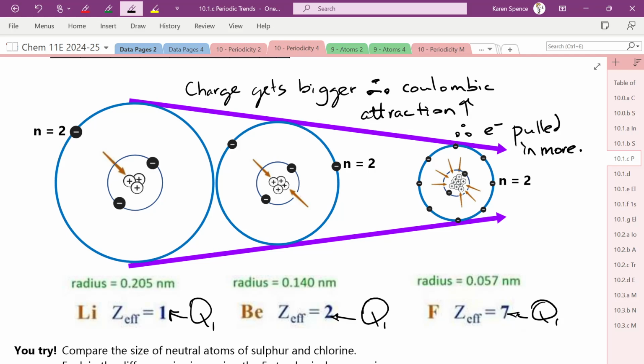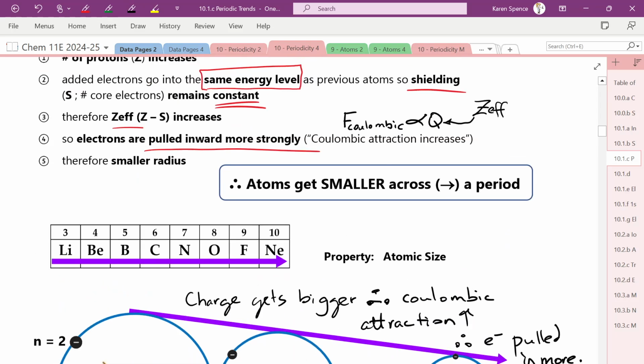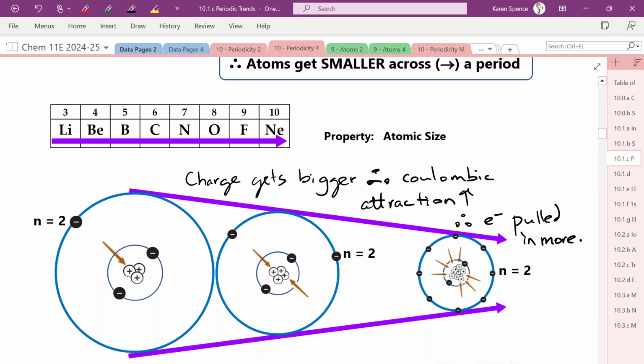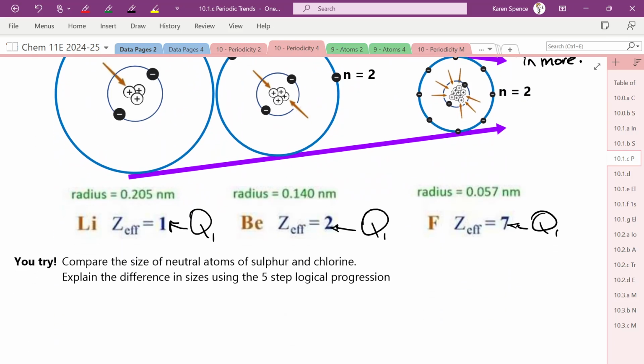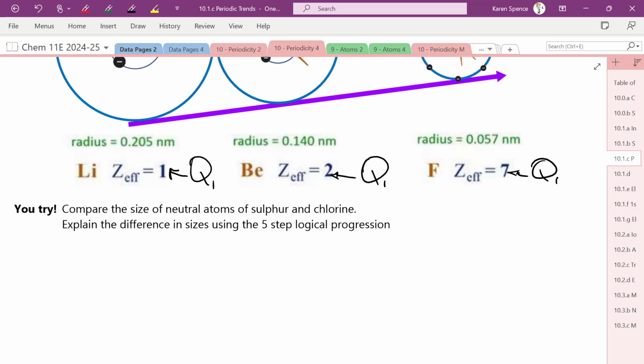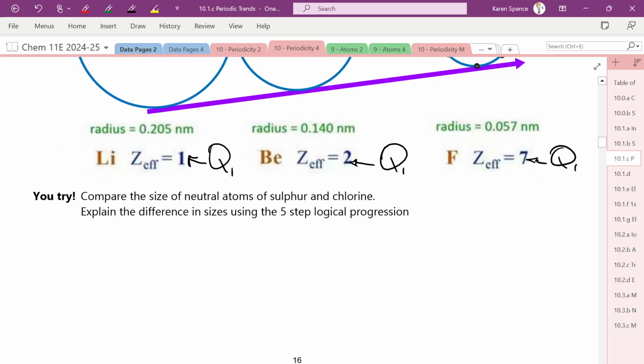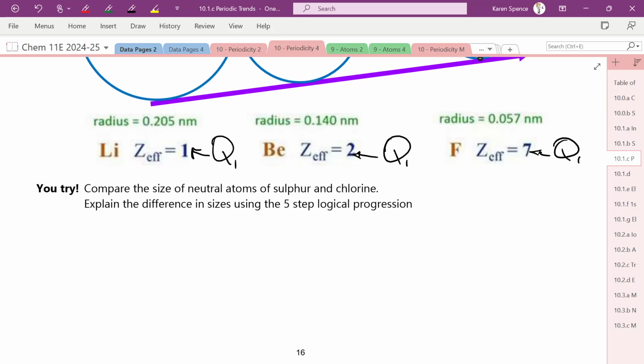Now, you can use this 5-step process, or you can use whatever you want to compare the size of neutral atoms of sulfur and chlorine. Try to explain it using either the 5-step logical progression or some other reasonable method.